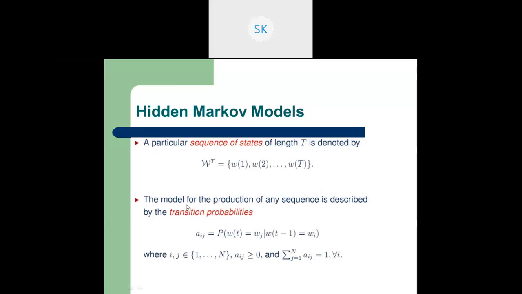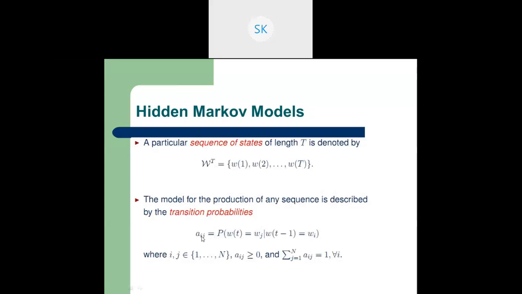So the model for the production of any sequence is described by the transition probability, that is, moving from W1 to W2. Aij, where i is the first state and j is the second state. Let W1 equal to 1 and W2 equal to 2.